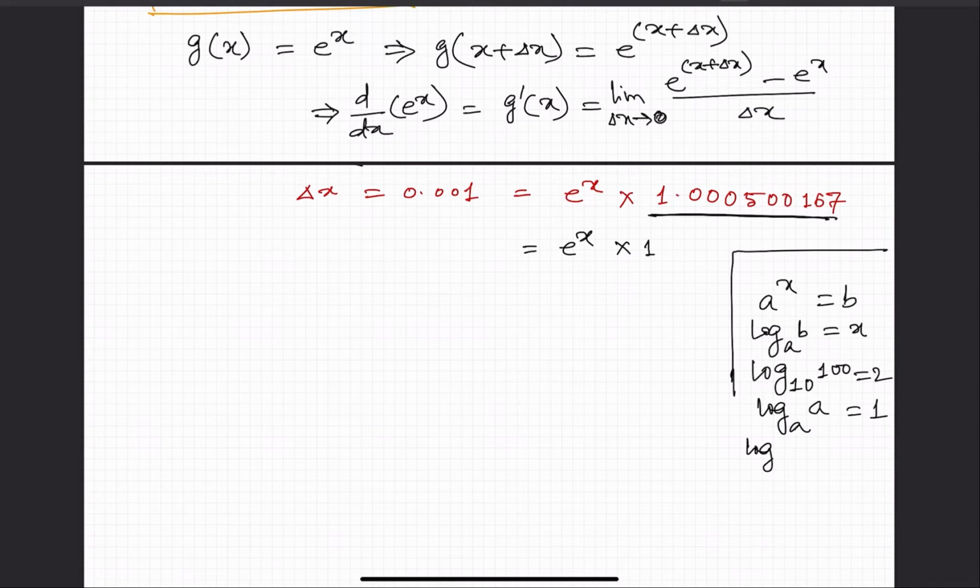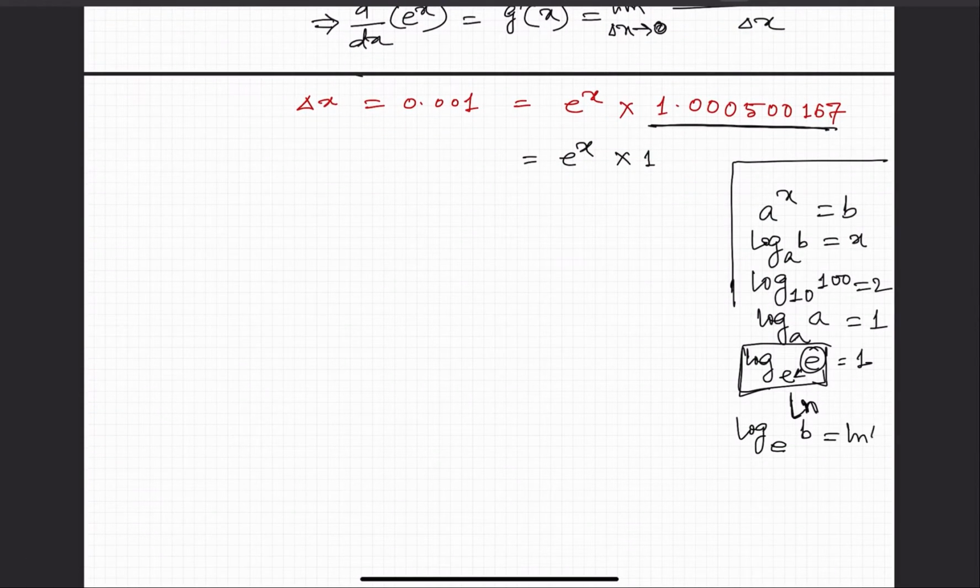Similarly log e base e will be 1. This log with base e is called the natural logarithm, which is denoted as ln. Any log which has base e, say log b base e, we would write it as ln b. So here 1 we can write as ln e.